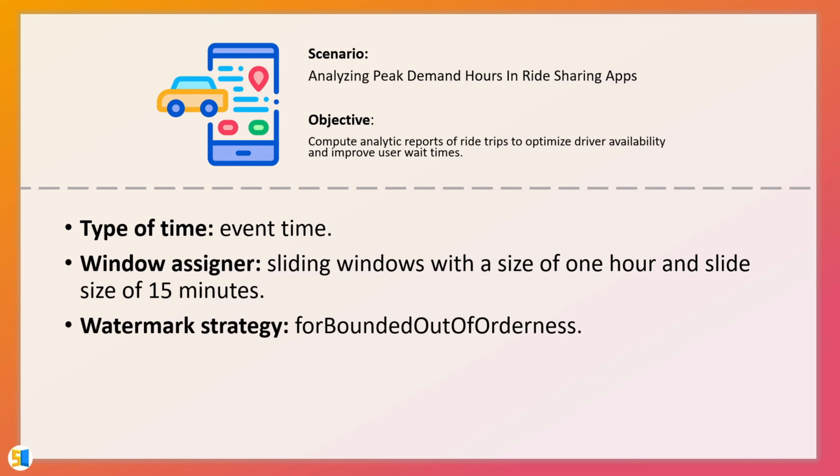And for the watermark strategy, we can use bounded out-of-orderness, given that trip data might arrive late due to connectivity issues or delays, and for this case the analysis doesn't need to be real time. So late events can be calculated.